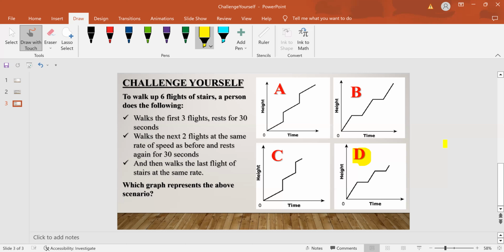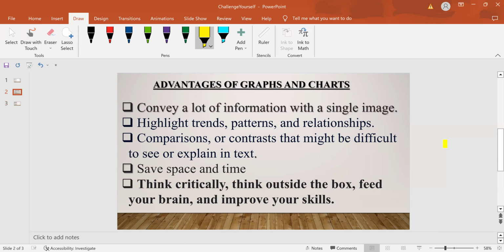So before the explanation, I want you to understand that graphs and charts have advantages, and we have here a list of these advantages.